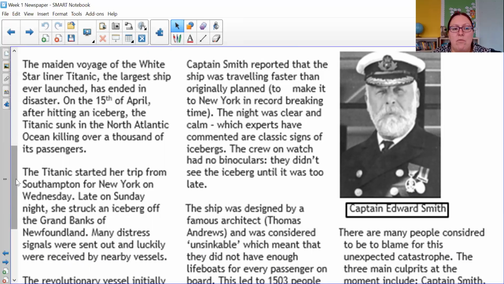On the 15th of April, after hitting an iceberg, the Titanic sunk in the North Atlantic Ocean, killing over 1,000 of its passengers. The Titanic started her trip from Southampton to New York on Wednesday. Late on Sunday night, she struck an iceberg off the Grand Banks of Newfoundland. Many distress signals were sent out and luckily were received by nearby vessels.